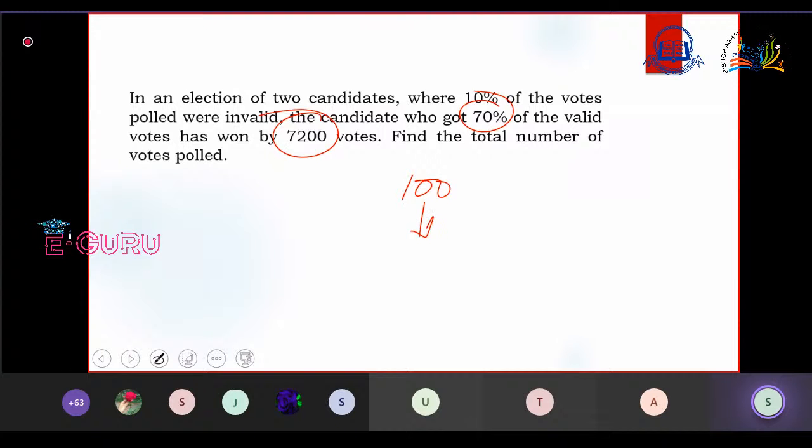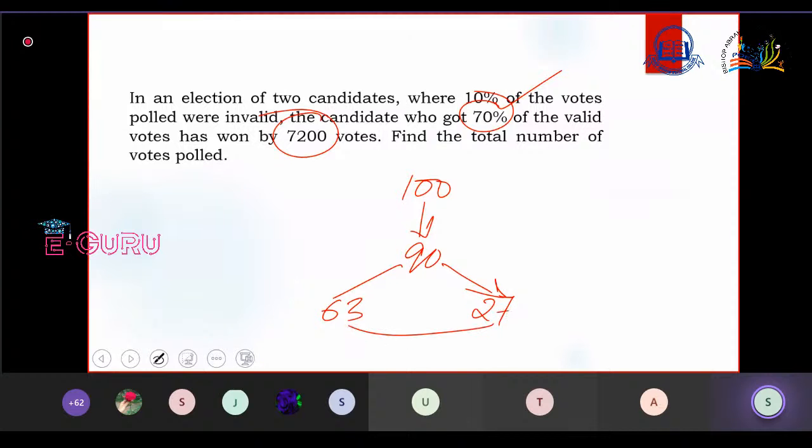Out of that, 10% invalid means valid votes is 90 only. Out of this 90, 70% is the share of the candidate who won the election. So 70% of 90 is 63, right? So the candidate who lost the election, his share is 90 minus 63, that is 27.